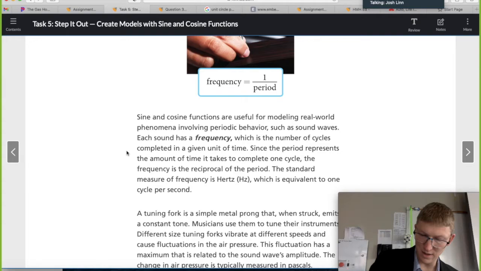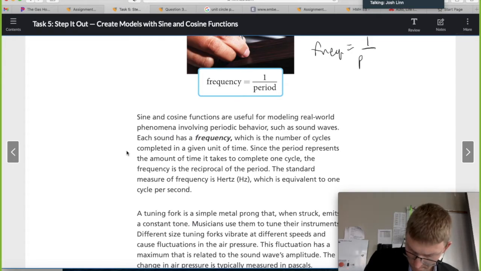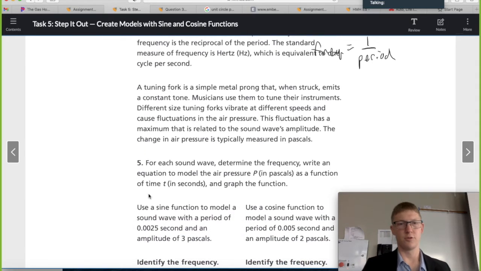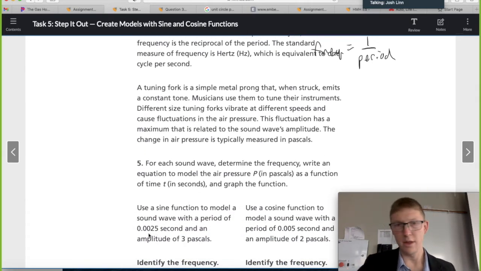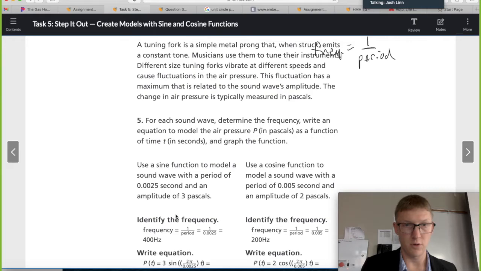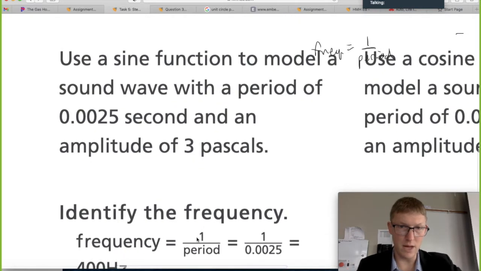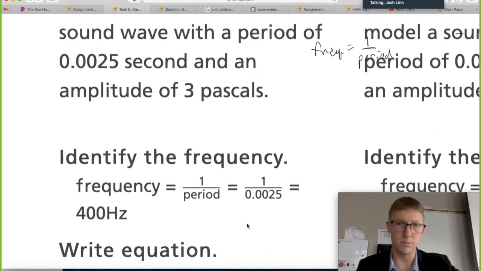Remember, our frequency equals 1 over period. So our frequency here is just going to be 1 divided by 0.0025.